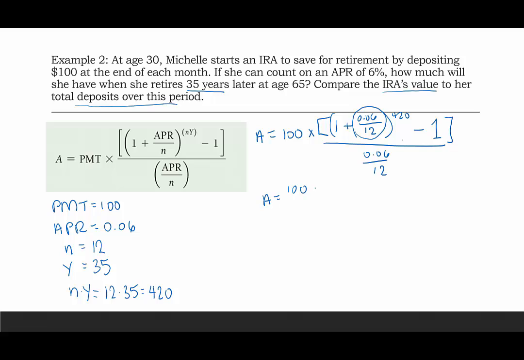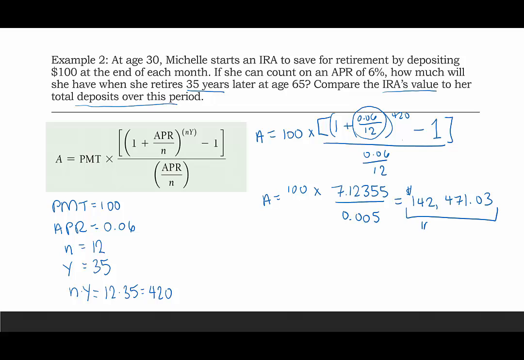So we end up with 100 times the numerator, 7.12355, divided by 0.005. When we multiply by 100 and everything, we end up with $142,471.03. So after 35 years of making these $100 deposits, this is how much will be in Michelle's account.